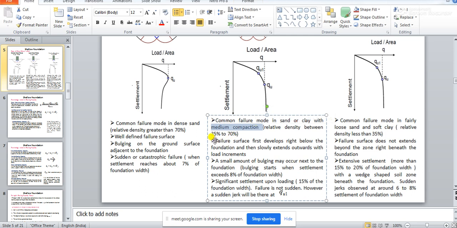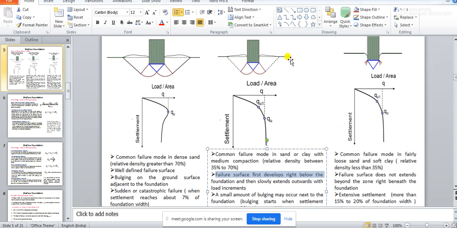Now the second thing is, the failure surface first develops right below the foundation. It first develops just below the foundation, and then it slowly extends outward with load increments. So it will first generate over here, then it will slowly extend, but with the load increment, it's not that your failure surfaces will be as prominent as in general shear failure.